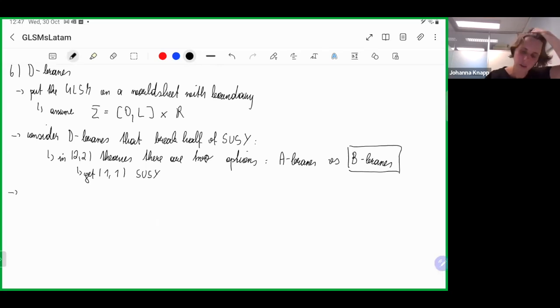So what you'll have to do now is choose B-type boundary conditions that basically tell you which (1,1) subspace of the supersymmetry you want to preserve, compute the variation of the action, compute the boundary term and see what happens. So the procedure, which I'm only going to sketch, and then we'll get serious tomorrow, is: compute the B-type SUSY variation of the action.